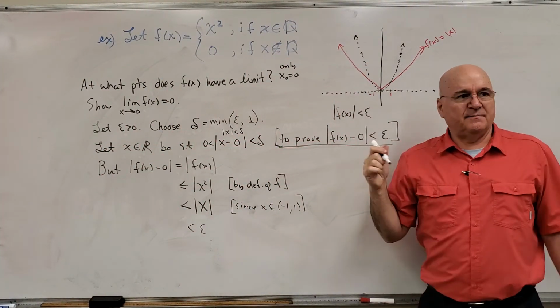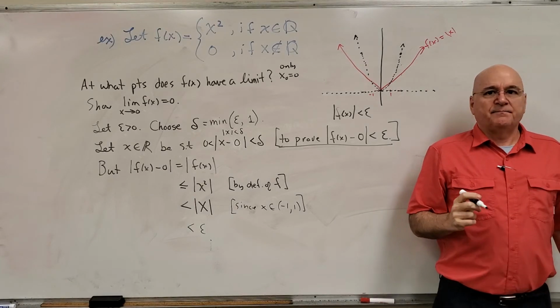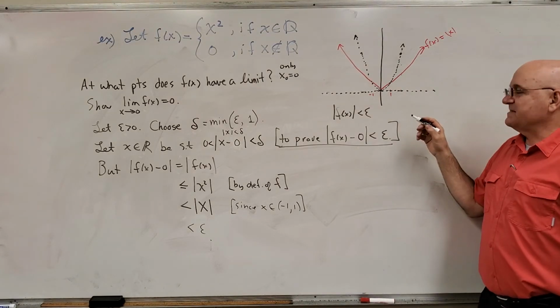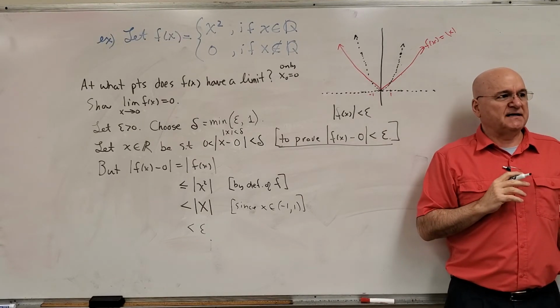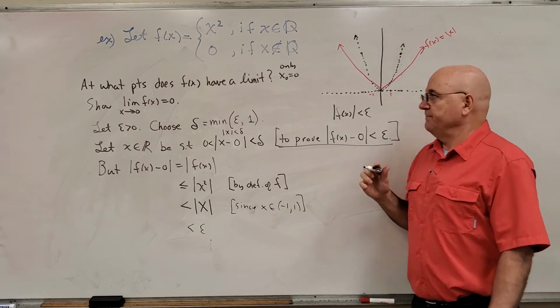Now, another way to think about this, though, is I like to look at the graph and say, if you're a sequence that's converging to 0, if you're on the x-axis, how can you get there?